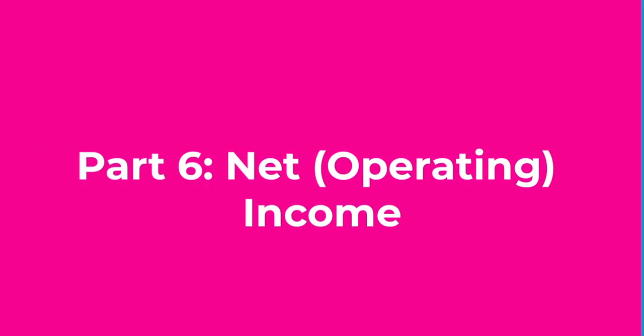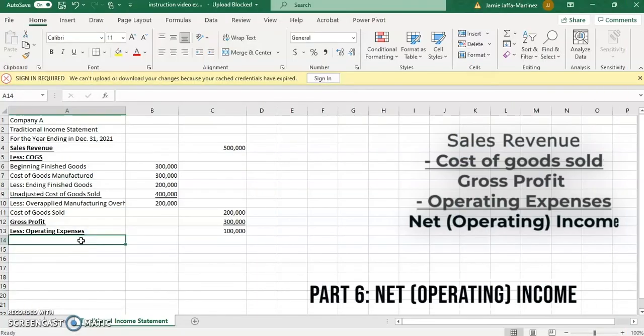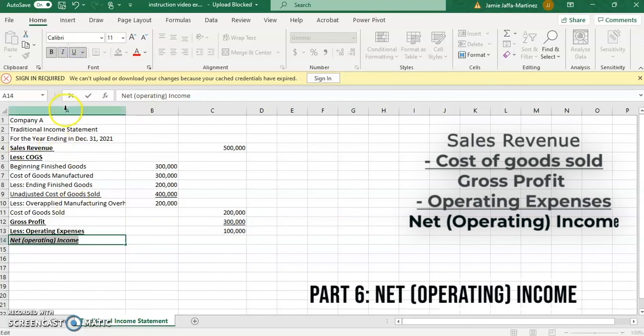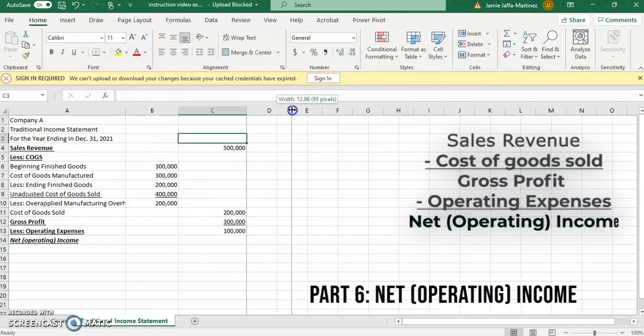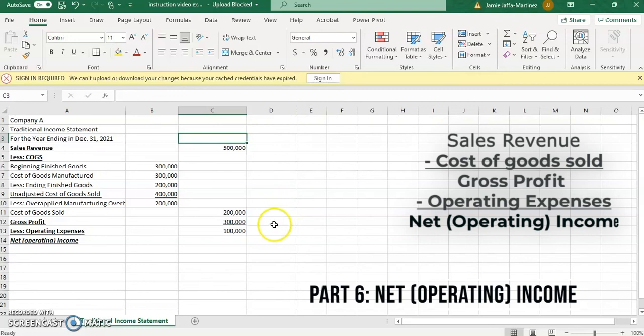Next, to generate the net income, it is our gross profit minus our operating expenses. We go to the row underneath operating expenses and put the label. For this, we underline it, bold it, and italicize it because this is what we're trying to figure out in an income statement. Instead of column C, we go to column D, just to show the difference and to really show that this is the net operating income.